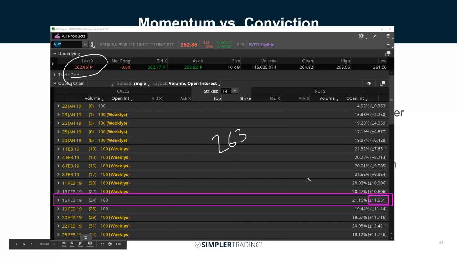What this is telling you is that market makers have priced, rounded up, a $12 move to the upside or a $12 move to the downside over the next 24 days.